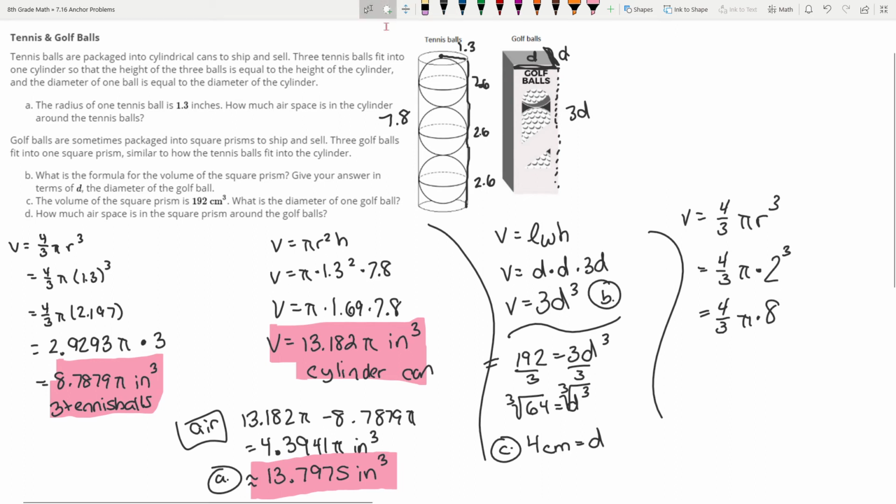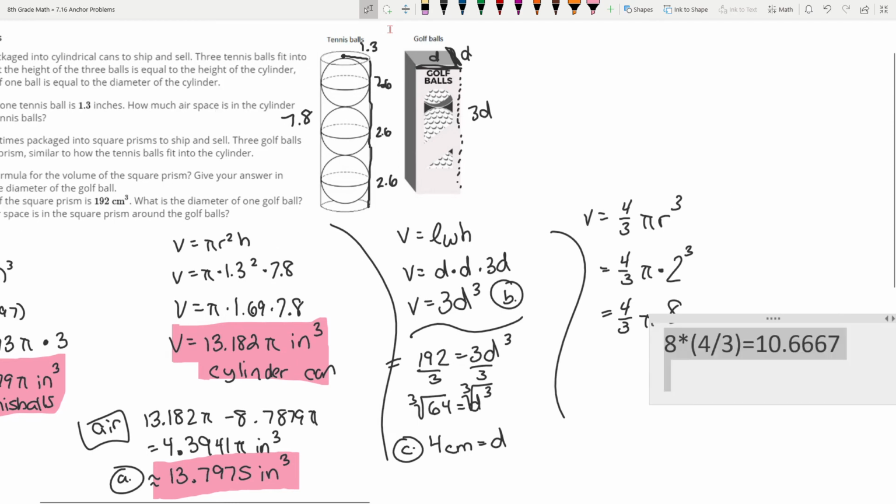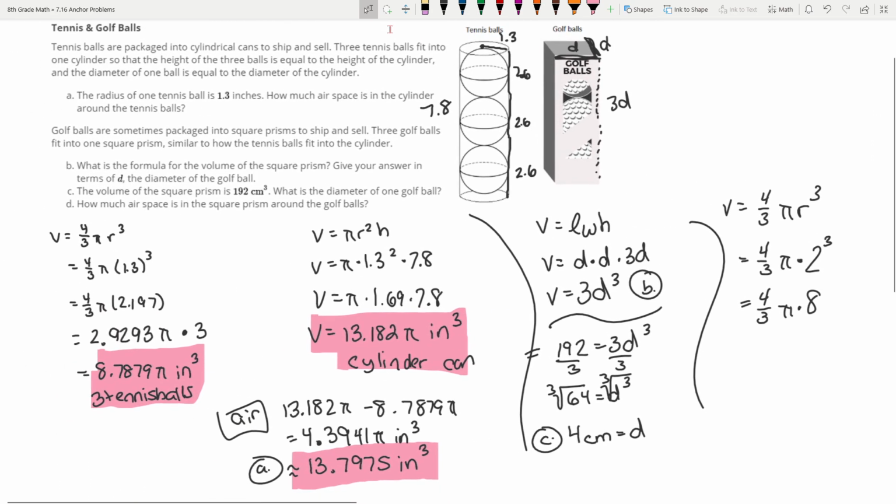And if we take 8 and multiply it by 4/3, we're going to get 10 2/3. So 10 2/3 pi is the volume of 1.